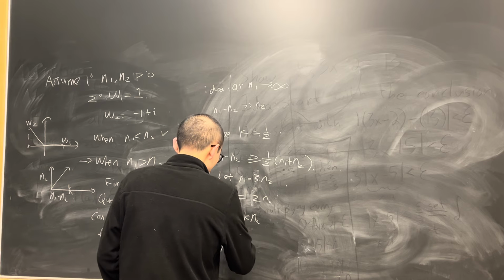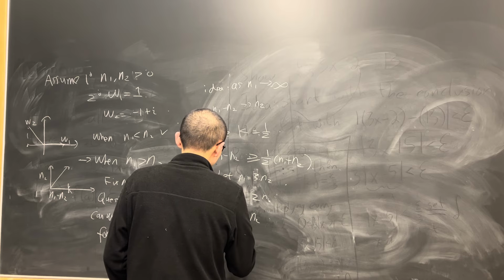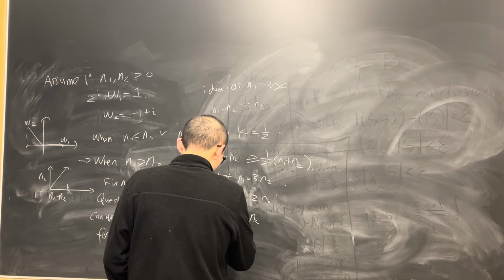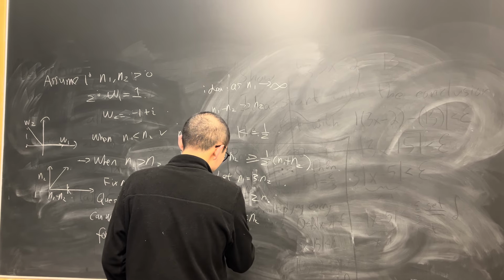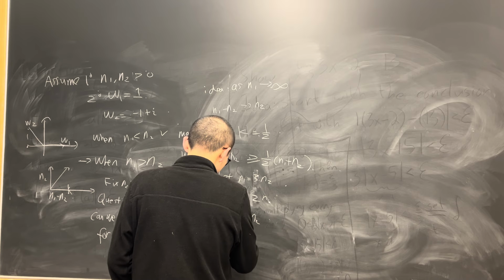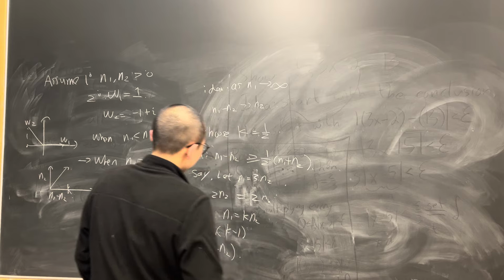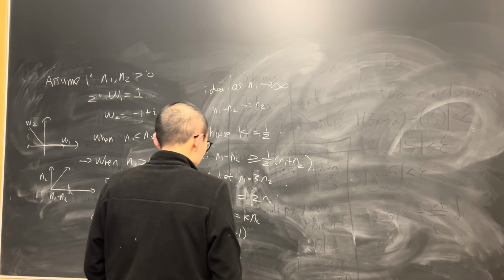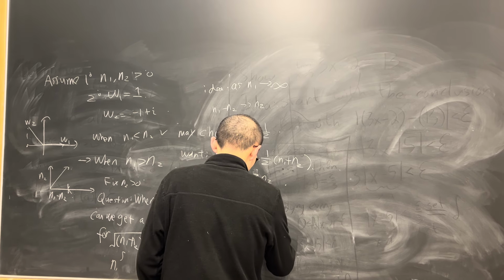So then what we have is n1 minus n2, right? So the left hand side is just k minus 1, and then the right hand side is 1 plus k.